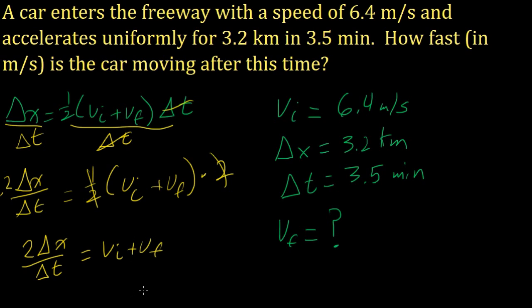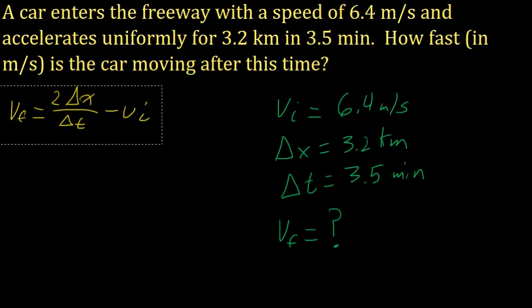Now we can subtract vi from both sides, and to get vf, I'm just going to flip the equation over: vf equals 2 delta x over delta t minus vi. So that's the formula we actually want to use. I'm going to clean this up. Much better.